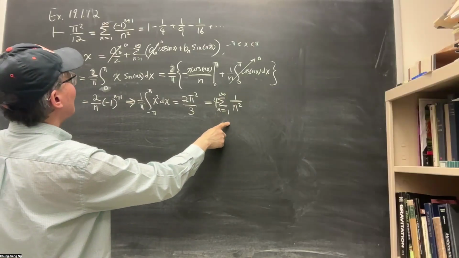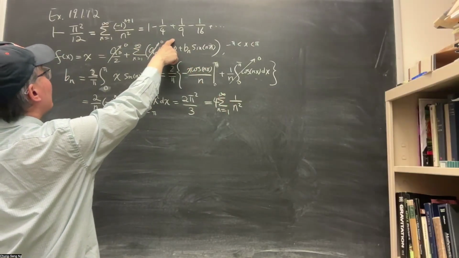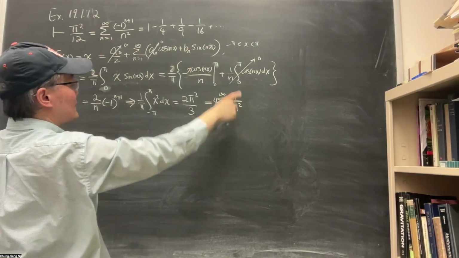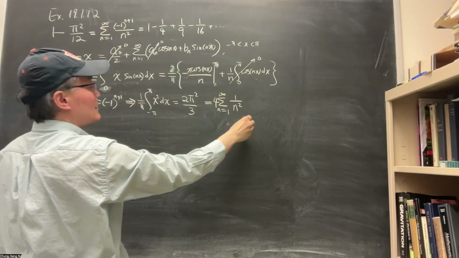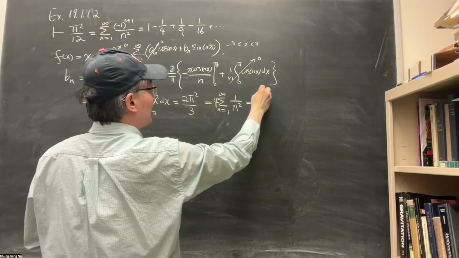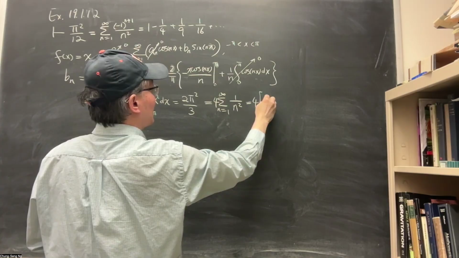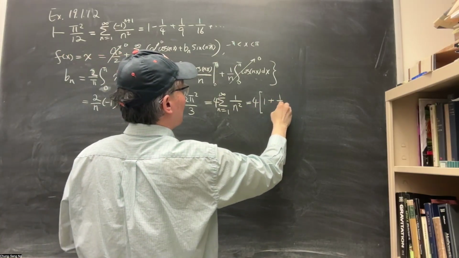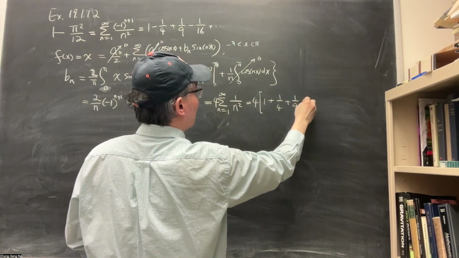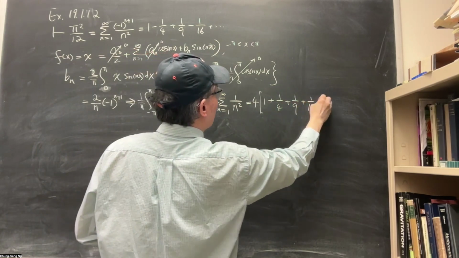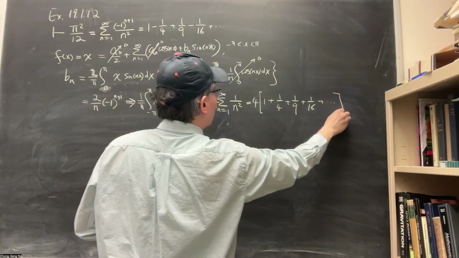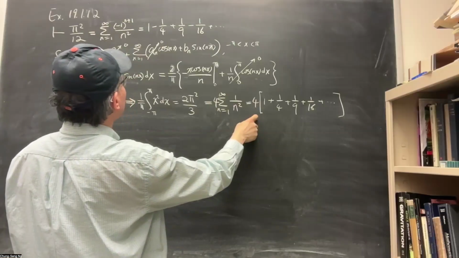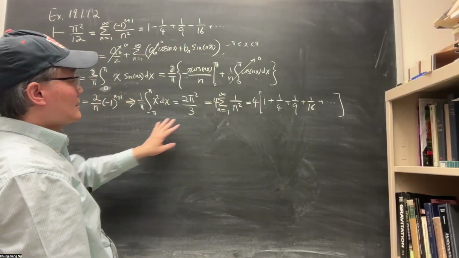But the question asks you to show this equals an alternating series. This is not an alternating series. Other than the factor of 4, this is like 1 plus 1/4 plus 1/9 plus 1/16 and so on.